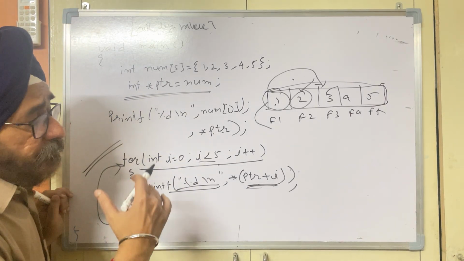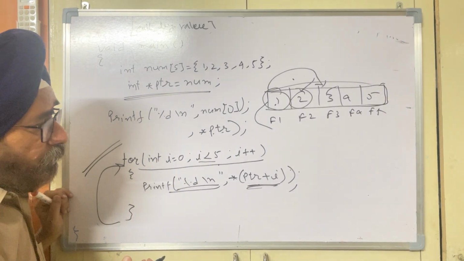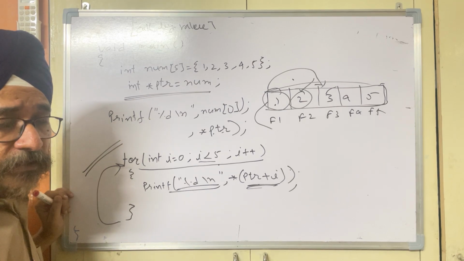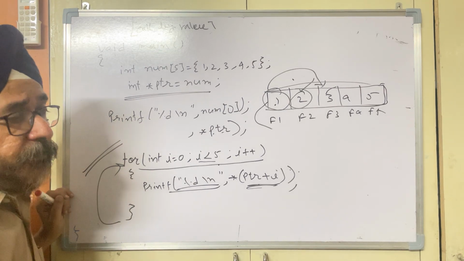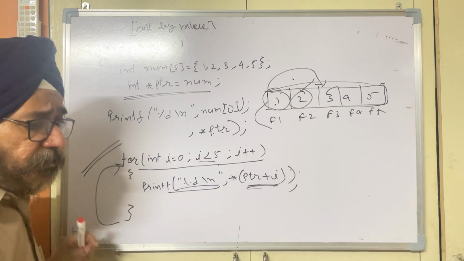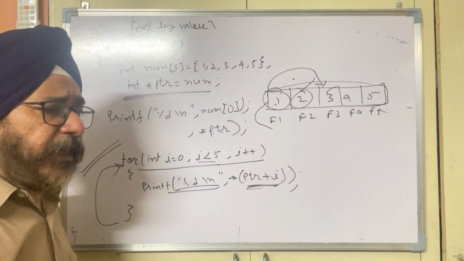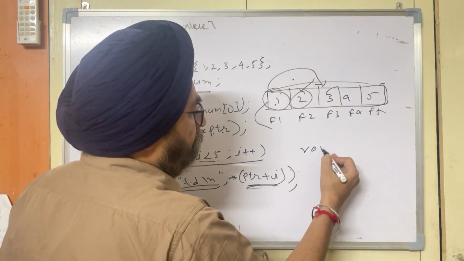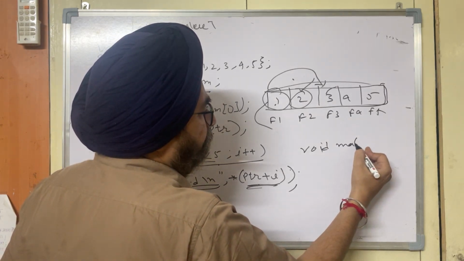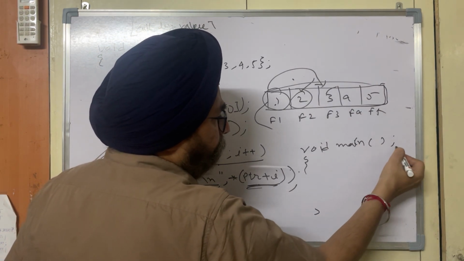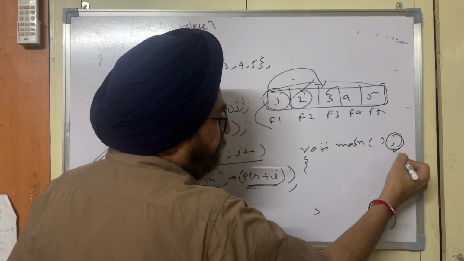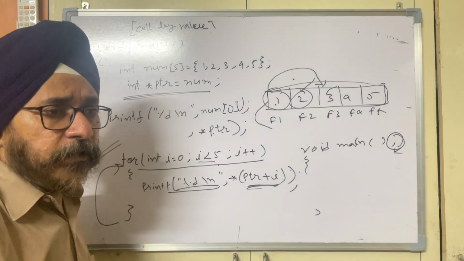So guys, this is a very important way to represent pointers. I think you will enjoy this session. Remember that sometimes I use void main and a semicolon, so please remember this type of mistake and do not use it.